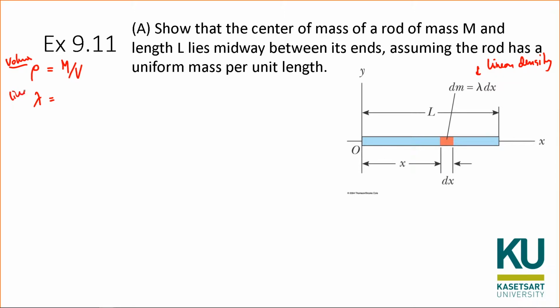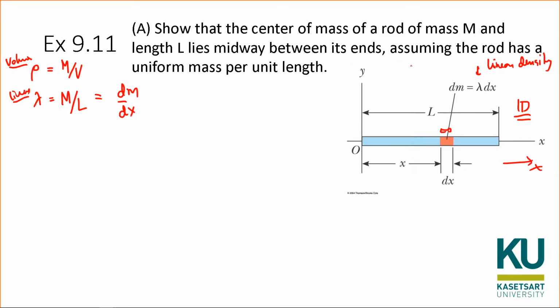The linear density is what you look at over only a distance, not in 3 dimensions, only in 1 dimension. So the linear density is equal to the mass over the whole length. If you look at only a small distance, it is also equal to the small mass along this part divided by the small distance in the x direction.